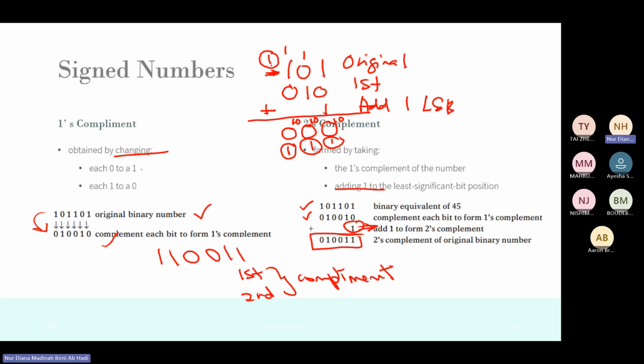Since this does not fit with these 3 bits, it will become an overflow here. So this one would be your overflow. That's why this would be your second complement.